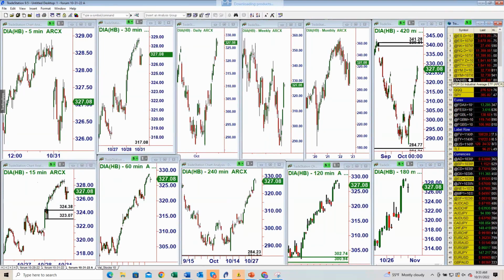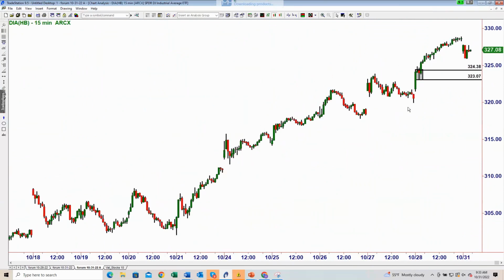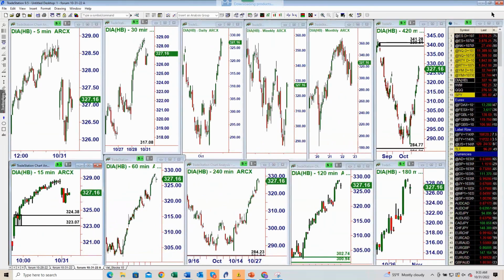Okay. So the demand zone below current price that we're focused on here, the qualified demand zone in the Dow, is the 324. This is the Dow ETF. This is where the Dow ETF is trading right now. Okay, but we still have to get down there.